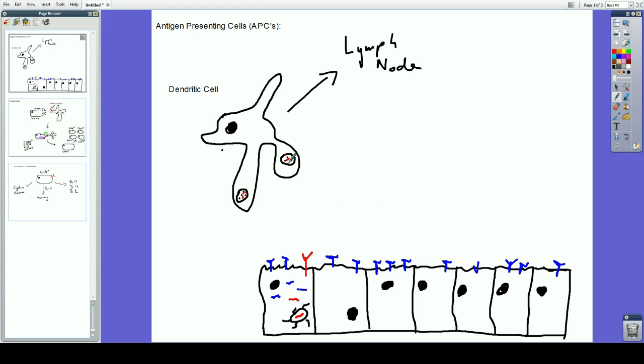So, for example, this dendritic cell comes by and has a look at the MHC being displayed by these epithelial cells, and this epithelial cell here has been invaded by a bacteria. The bacteria has hijacked the replication mechanisms inside the cell and is using that to replicate itself.